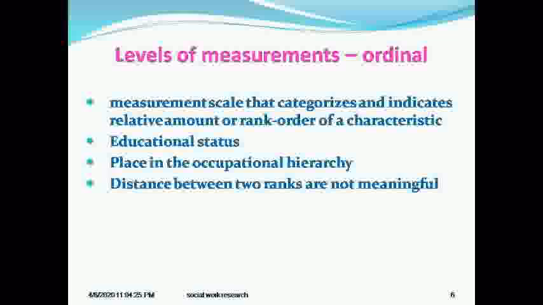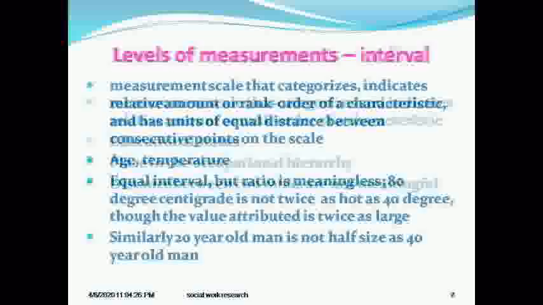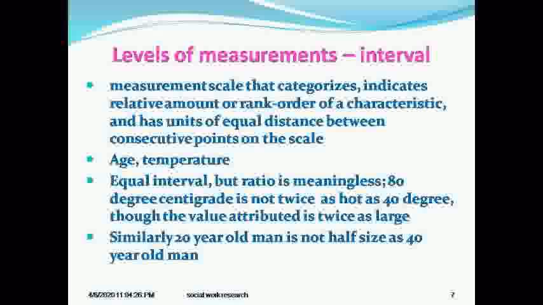We can place the illiterate at the lowest level of the hierarchy, followed by primary education, then secondary education. But the distance between the illiterate and the literate is not meaningful. Similarly, the distance between primary and secondary education is difficult to define. It is not relevant.